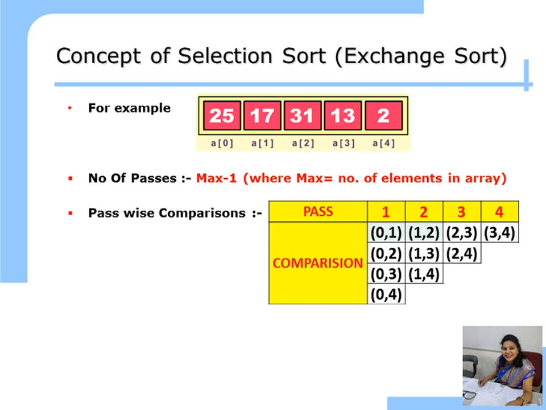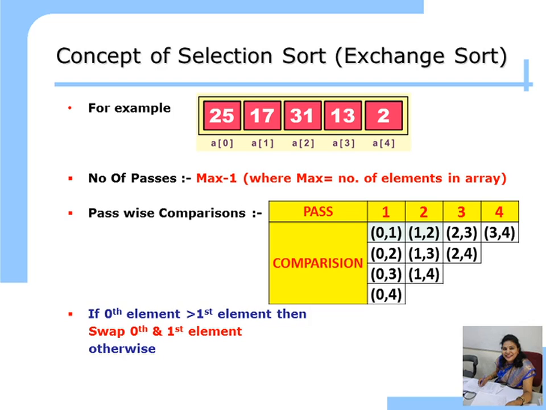Then at the end of the second pass, the second smallest number comes at the first location. So in bubble sort, we get the sorted list from the back side, that is the right side. In selection sort, we get the sorted list from the front side, that is the left side. We will see an example. The logic is the same. If the zeroth element is greater than the first element, then we swap, otherwise we do the next comparison.